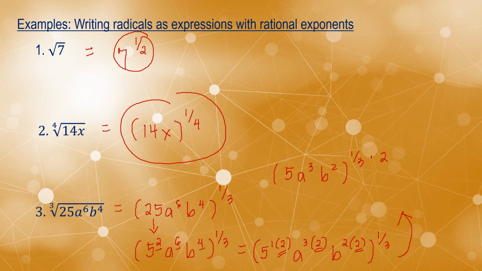So therefore, this is equal to quantity 5a cubed b raised to the second power, quantity raised to 1/3 times 2 is 2/3. So this is now the exponential form of the given expression.